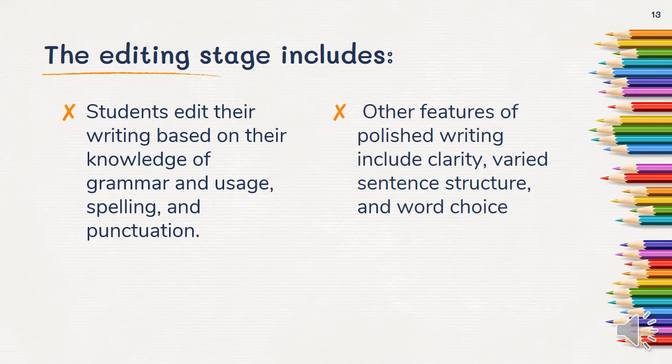And then the other features of polished writing, like what? Clarity means that I will not write a sentence that nobody understands except me. No, my sentences must be clear for everyone to understand. Varied sentence structure and word choice. I will not repeat the same words over and over.